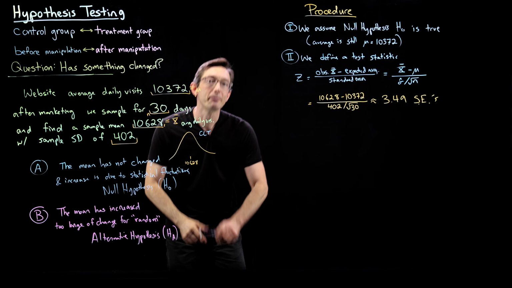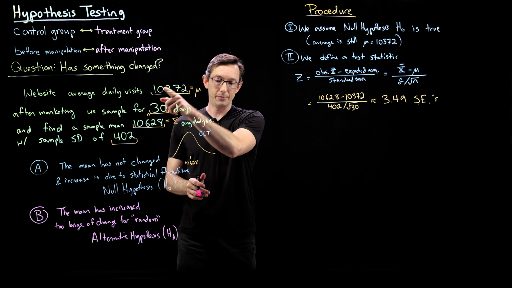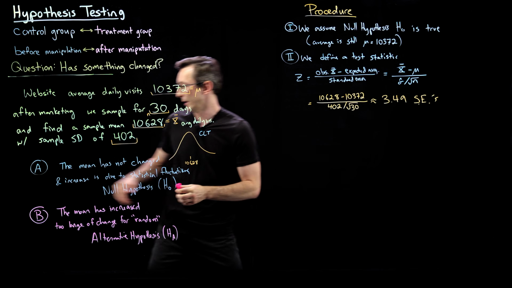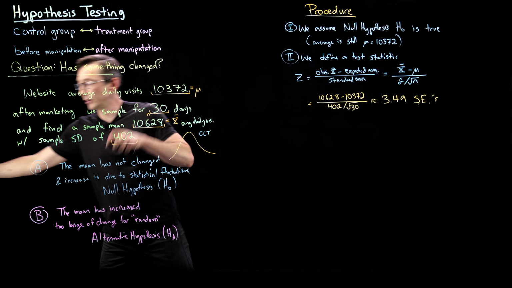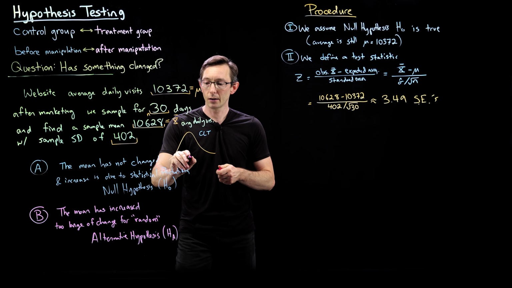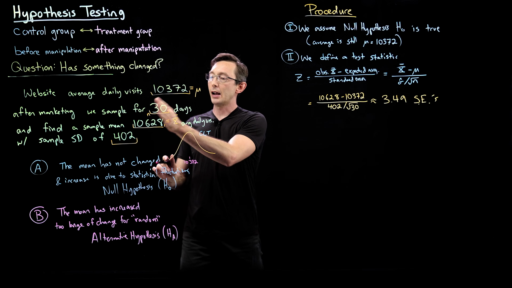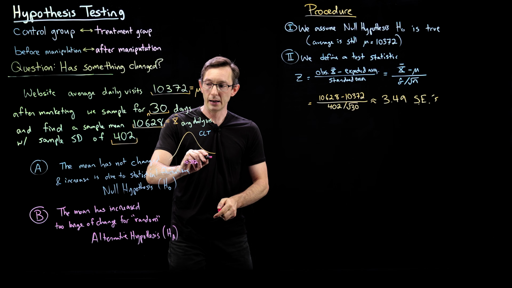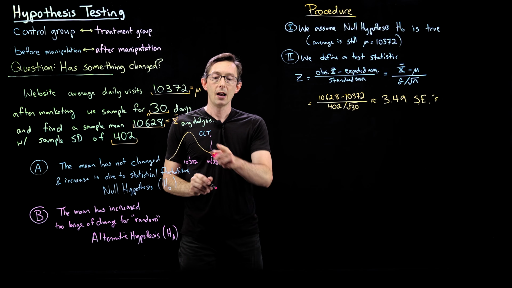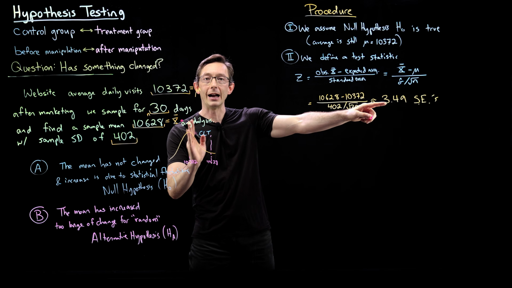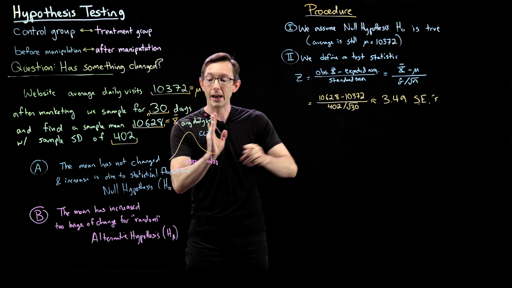What that means is, let's write this a little differently. If the mean value was 10,372, then my observed value of x bar being 10,628 would be 3.49 standard errors, or kind of standard deviations, away from that mean.